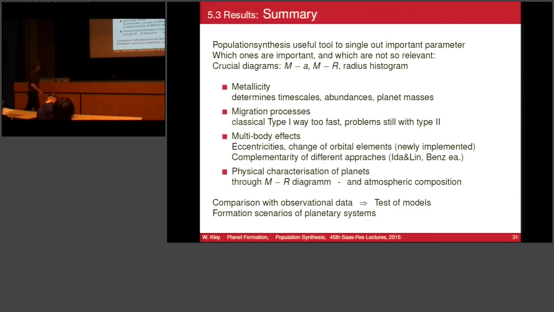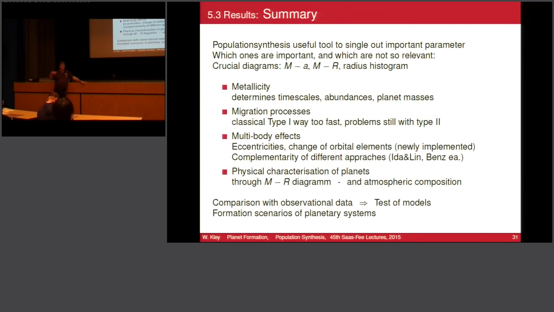The last point, which is now increasingly becoming more important, is the physical characterization of planets. In the mass radius diagram, you want to know what materials the planets are made of, and this can be done, as I've shown, through this population synthesis diagram. More later on, you want to know the atmospheric composition, because the planet evolves in the disk and accretes material from the local ambient disk.